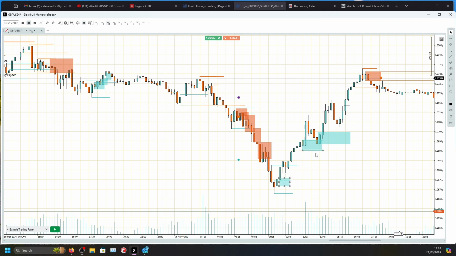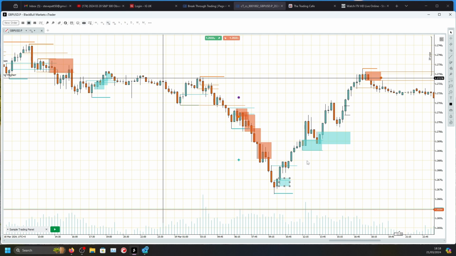But here you see that now we've got price moving up. Anybody short now, and price is coming up, not mitigating back into here, and then breaks again and doesn't come back and fill this.